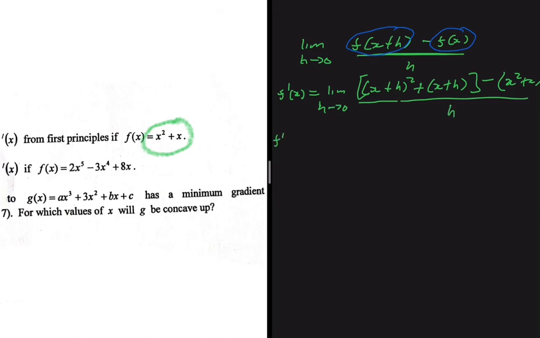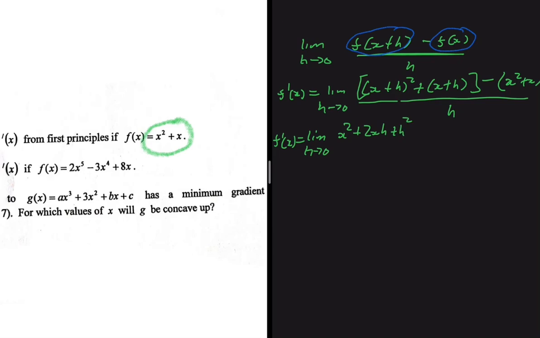So f prime of x will be equal to the limit as h tends to 0 of, so we have x plus h squared. So x multiplied by x, that is x squared, and then x multiplied by h is xh. You multiply that by 2, you get plus 2xh, and then h by h is just h squared.